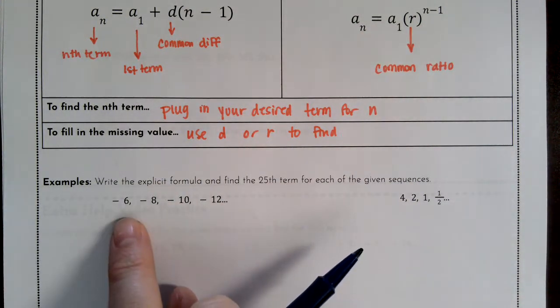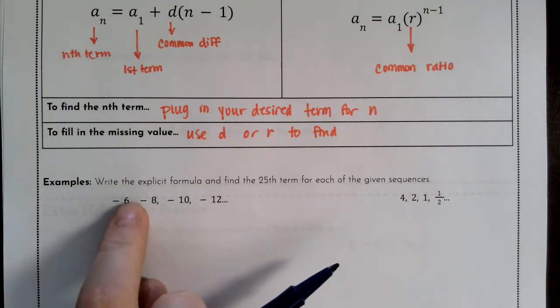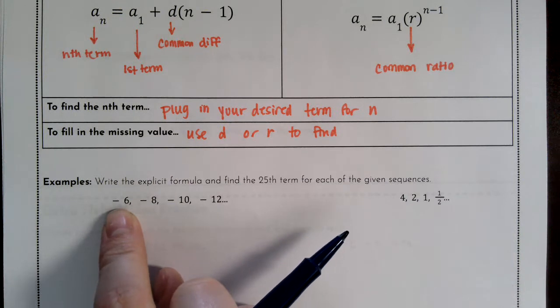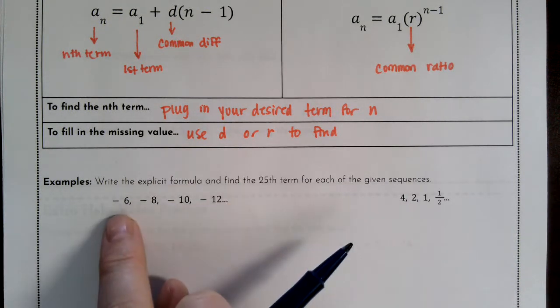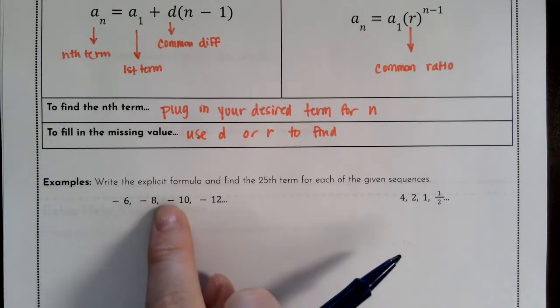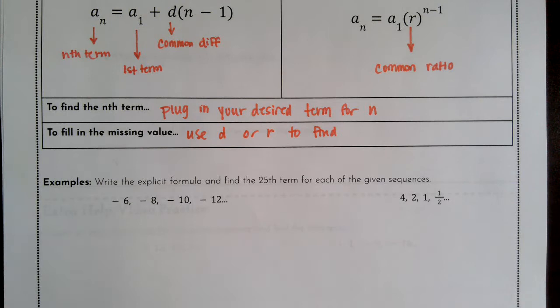So I want to see if I'm adding each time or multiplying. Another hint is whether they're changing very fast. You can see these numbers are not changing very fast: -6, -8, -10. If they're slow, they're probably arithmetic. If they're fast, they're probably geometric. So I think this one's arithmetic.